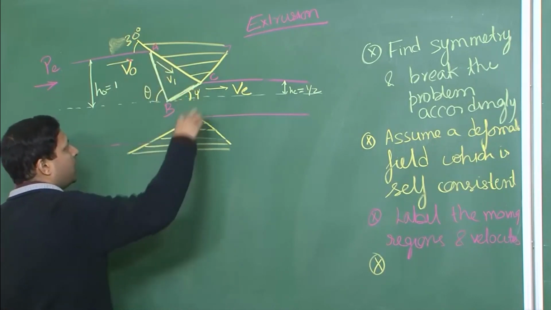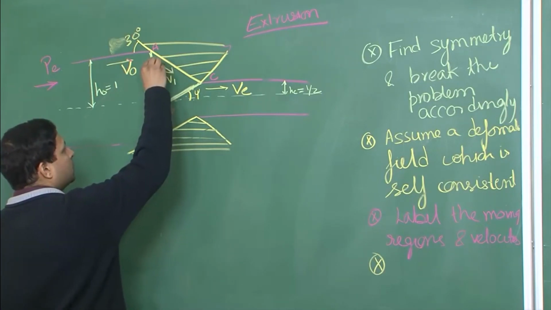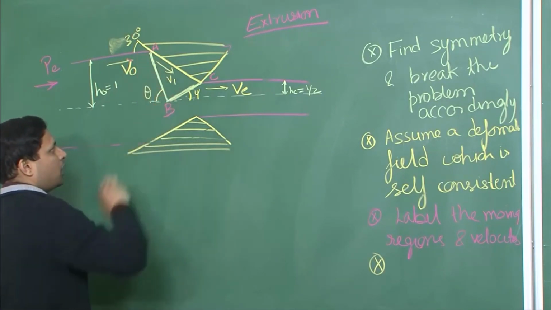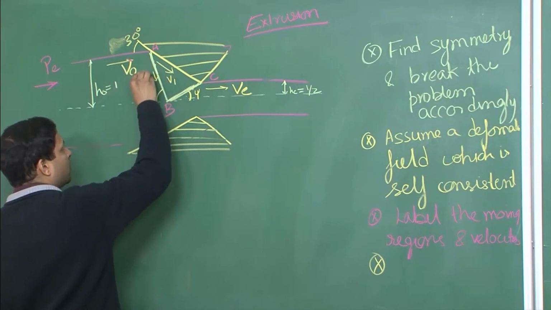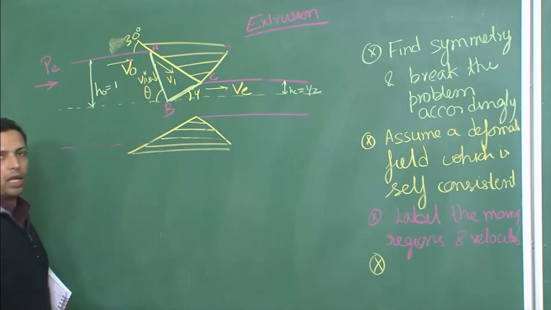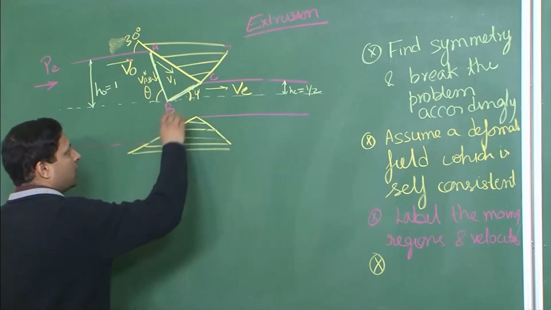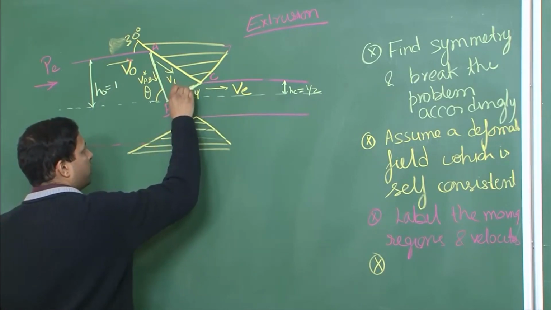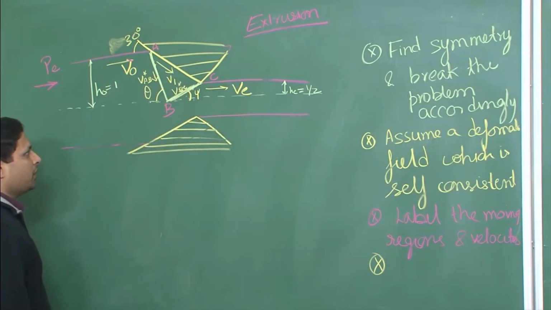So, the material inside is flowing here as V1, and since there is a shearing going on, there must be some velocity over here also, we will call that VAB, and since it is internal shearing, I will denote it with a star. Again there is a shearing over here along this plane, and I will denote it by V star BC. So, these are the velocities that are over there.